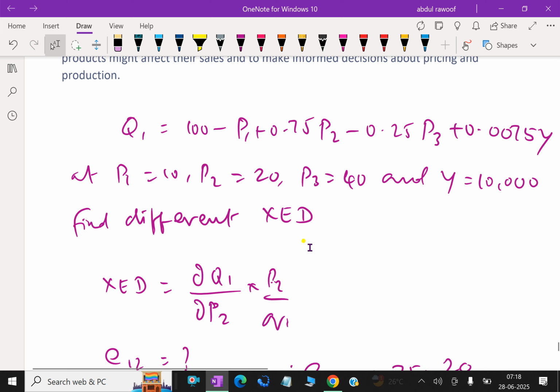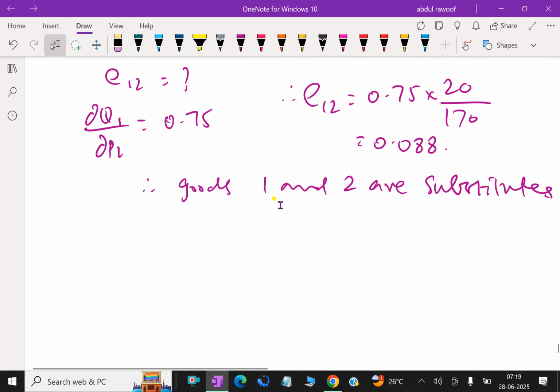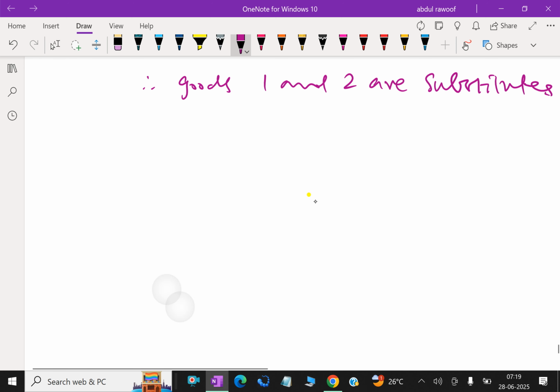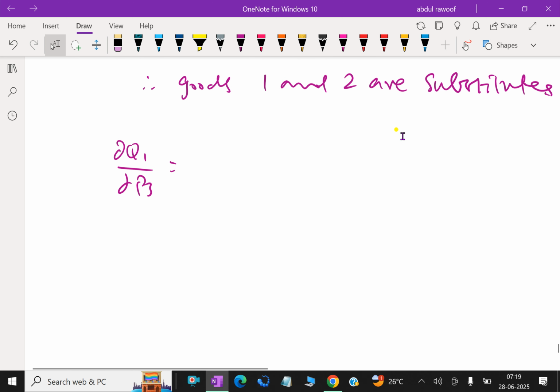Next, dou Q1 by dou P3. Differentiation of Q1 with respect to P3 makes everything else 0, so we get minus 0.25.